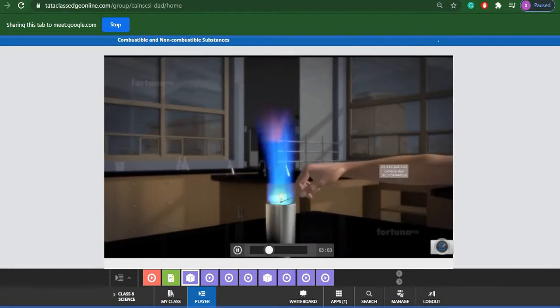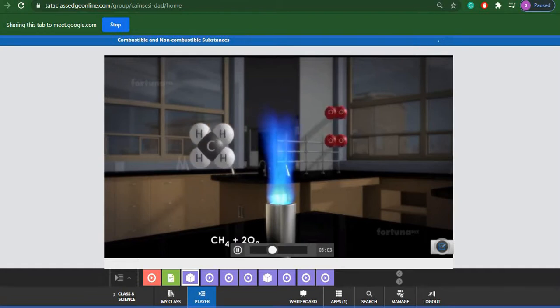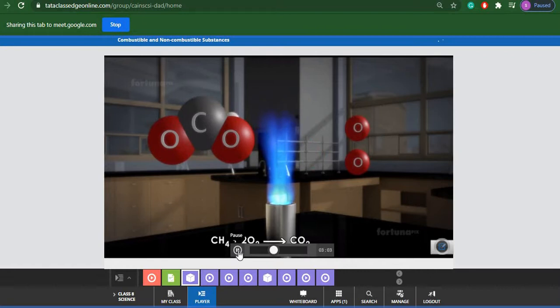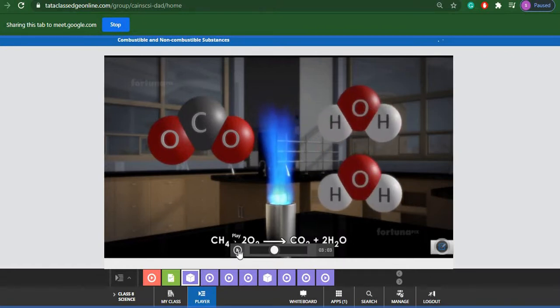Burners: when the burner is ignited, the gas will undergo combustion and glow with a blue-colored flame. During combustion, the methane will react with oxygen in the air to produce carbon dioxide and water in the form of vapor. In air, there will be oxygen gas, right? And when methane is burned in the presence of oxygen, methane will break down and the carbon reacts with oxygen. It will form carbon dioxide.